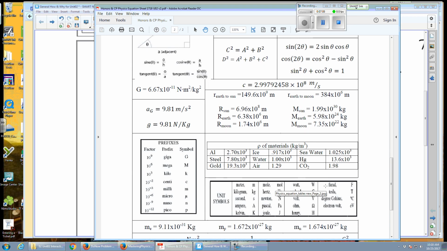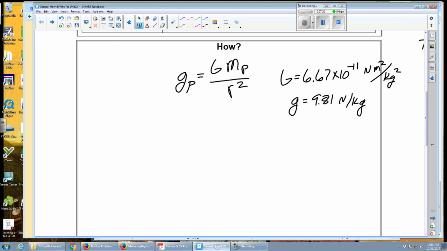That's on our equation sheet too. What a useful piece of equipment. So the mass of the Earth is 5.98 times 10 to the 24th kilograms.